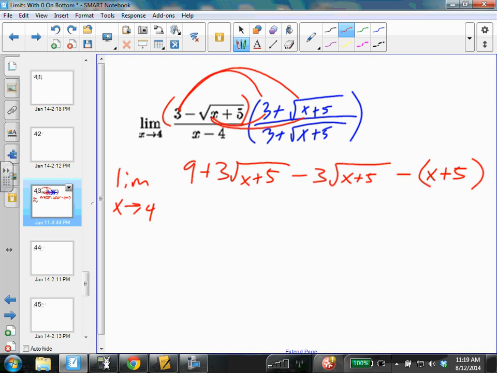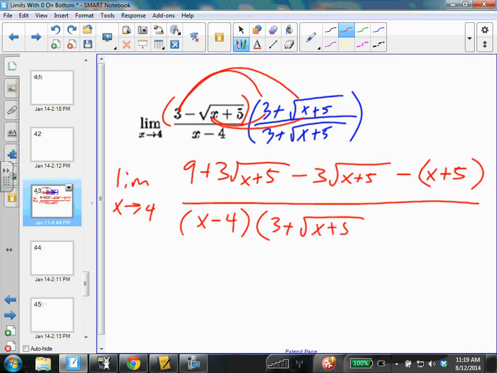It's just going to come out of the square root. Notice I keep that negative sign. On bottom, okay, leave the bottom alone.